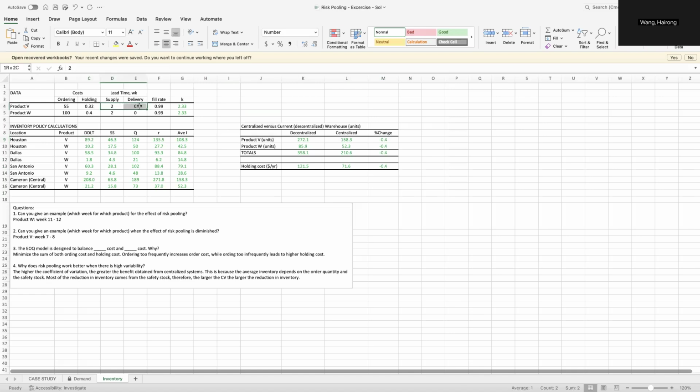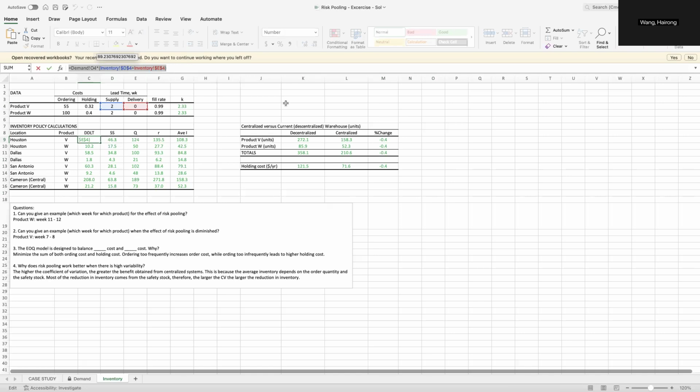So it's the summation of these two numbers. Because our delivery time equals 0, for this case we have lead time equal to 2 weeks. So this is why we can calculate the DDLT by using the formula here.